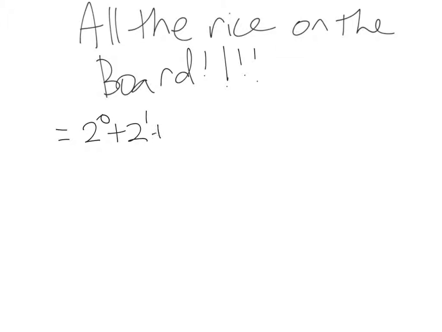So just to round it all off and find out how much rice that is all together, so all the rice on the board, just to remind you, the pattern is the rice on the board is equal to 2 to the power 0 plus 2 to the power 1 plus 2 to the power 2 plus 2 to the power 3 plus ... all the way up to 2 to the power 63.